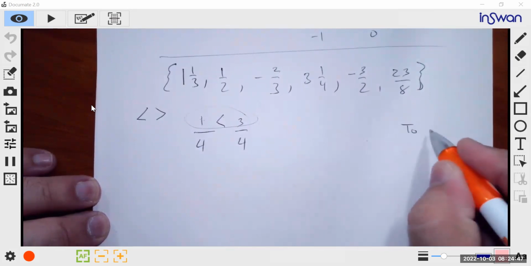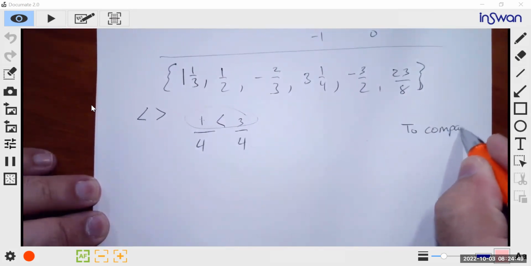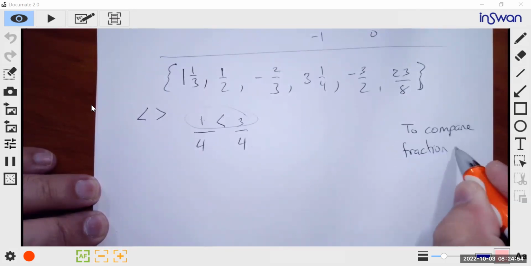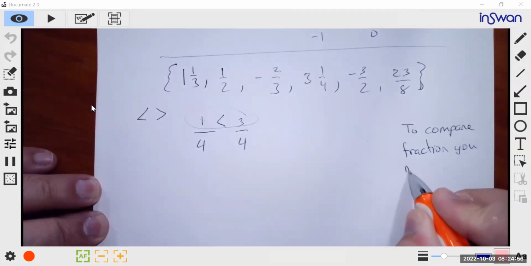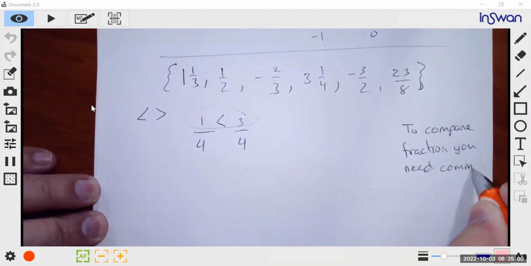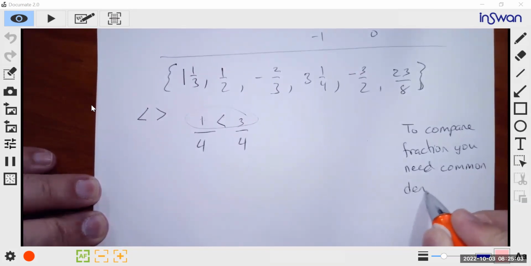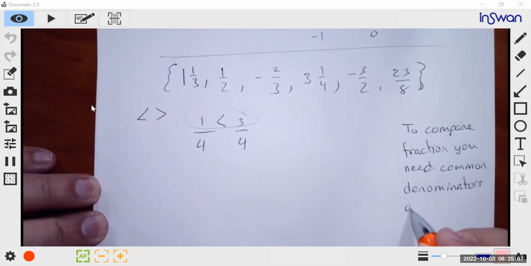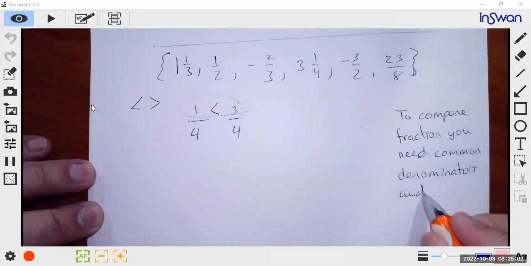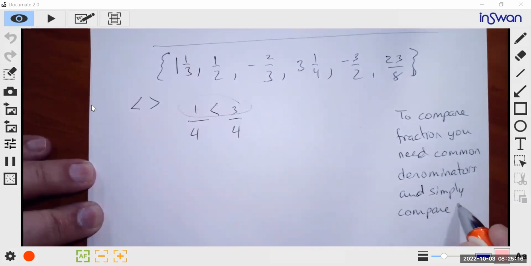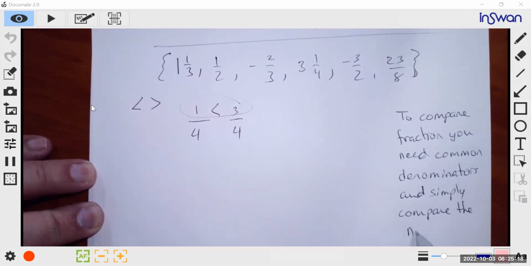So to compare fractions, you need common denominators, and then simply compare the numerators.